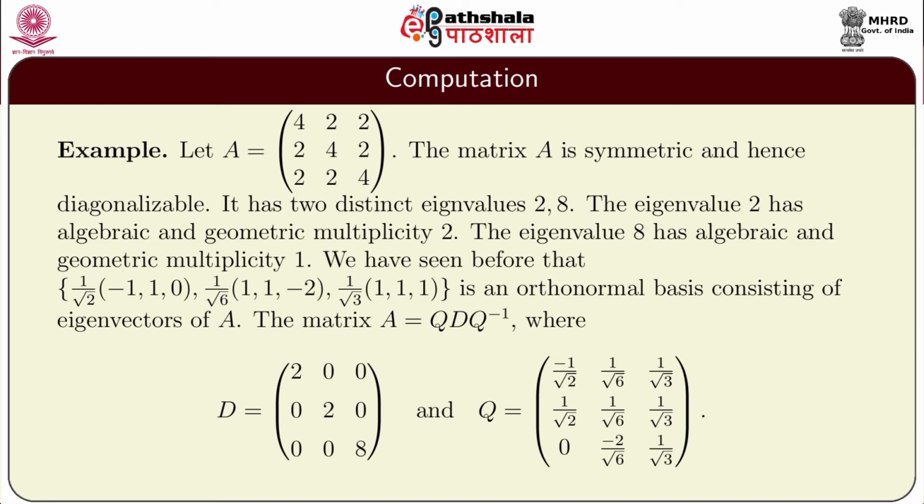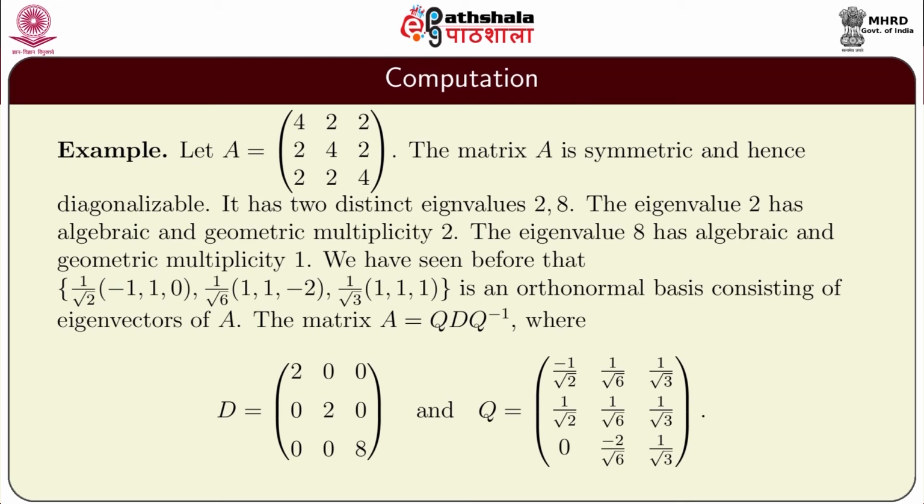Then the eigenvalues are 2 and 8 with algebraic and geometric multiplicity 2 and 1 respectively. We have seen before that this set, 1 by root 2 (-1, 1, 0), 1 by root 6 (1, 1, -2) and 1 by root 3 (1, 1, 1), is an orthonormal basis consisting of eigenvectors of A.